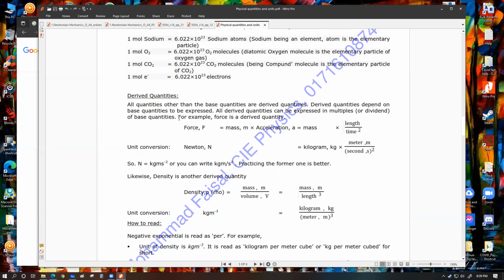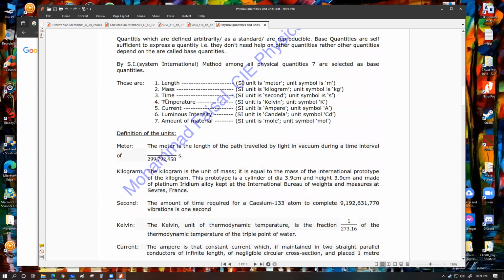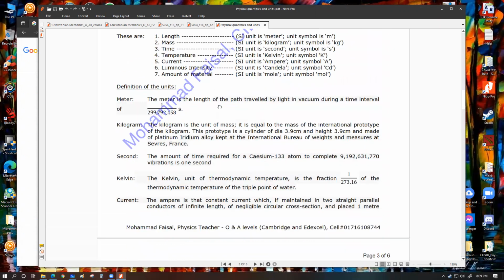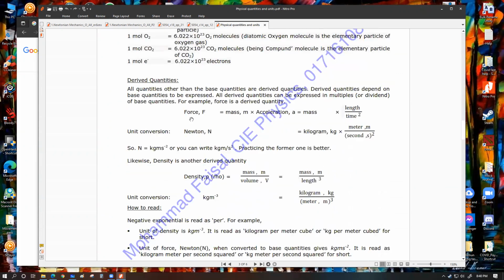That's why 7 of these quantities are defined as base quantities, and all the other things are defined in terms of these quantities, because the physical world is related to each other. So you can say these 7 base quantities are like the letters of the alphabet, and we make words with the whole alphabet with multiple different combinations. So we have the whole language thing. That's basically the physics world.